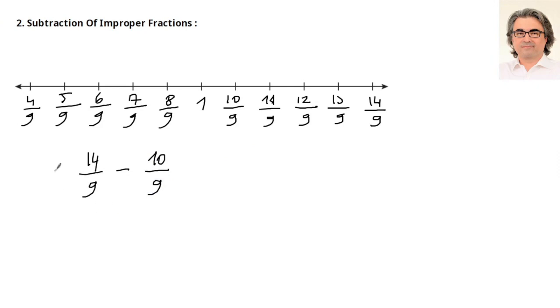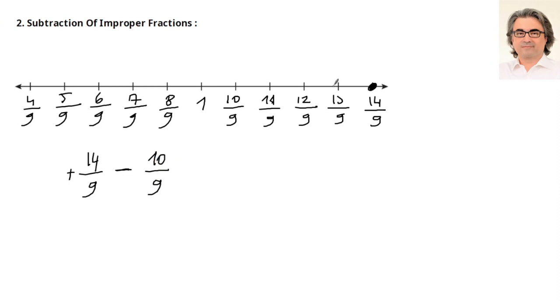Now, first of all, I should come to the point which represents 14 over 9 on the number line. So I am here now. And the meaning of the minus sign, you know, is go to the left of 14 over 9, and what is the numerator here? 10. 10 over 9. 10 is the numerator of this fraction, and its meaning is the following.